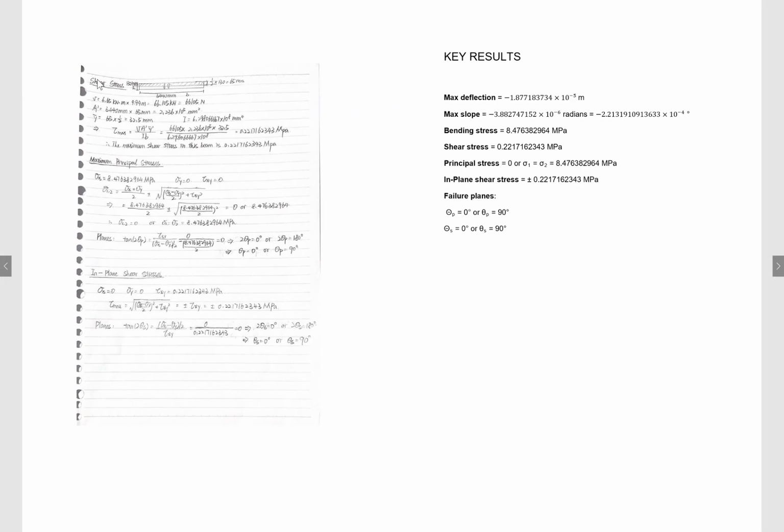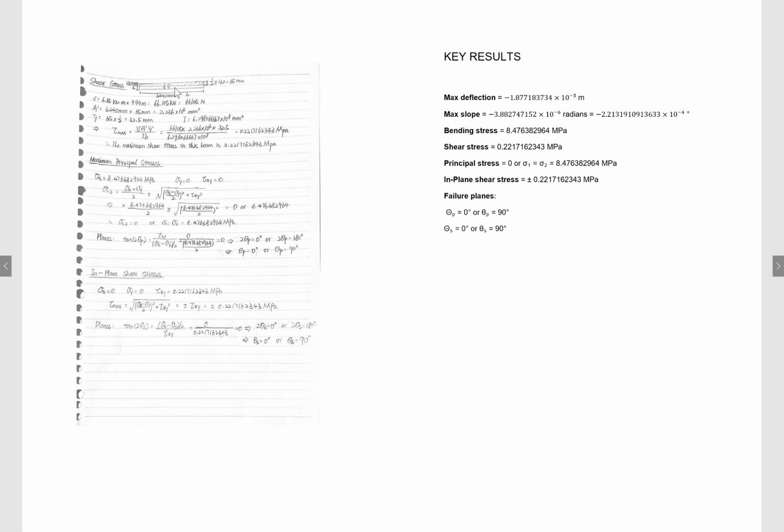The next one is shear stress, and it is the same. Here's the formula, and V is the load here, and we also have to convert the units to international units so we can get the correct answer.